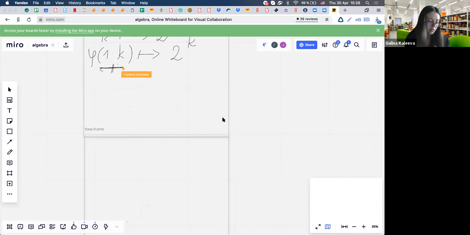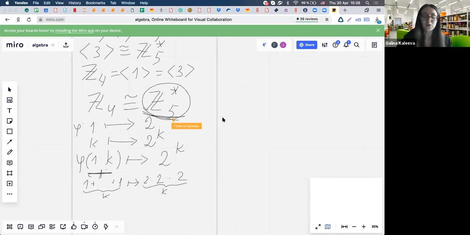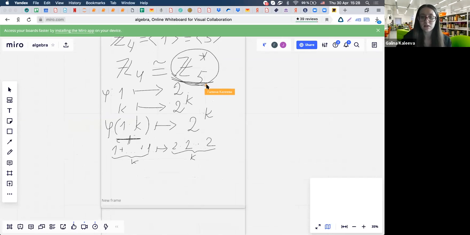In more detail, what is k? It's 1 plus 1 plus 1, k times. It goes to 2 times 2 times 2, k times. You see? So this is a homomorphism. It's injective and surjective, because every element in our group Z5 star can be represented as 2 to some k's power, and the element in Z4 that goes to it is k.